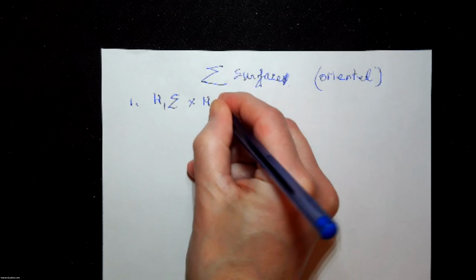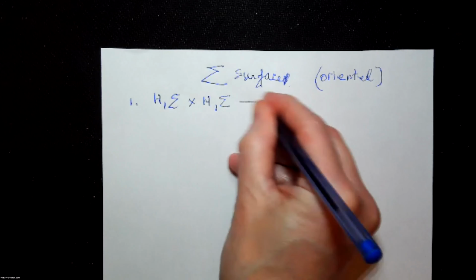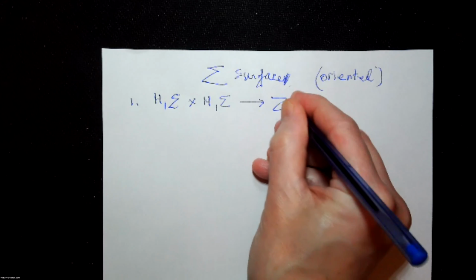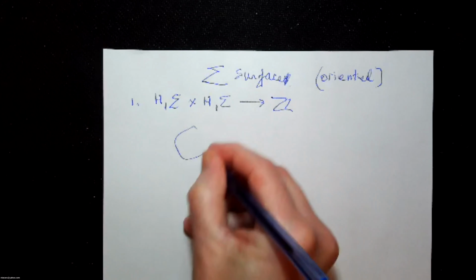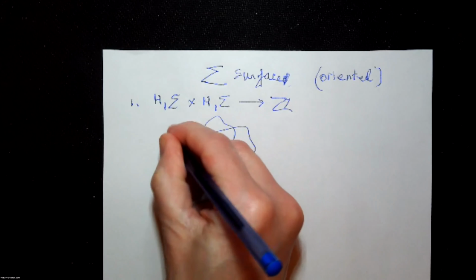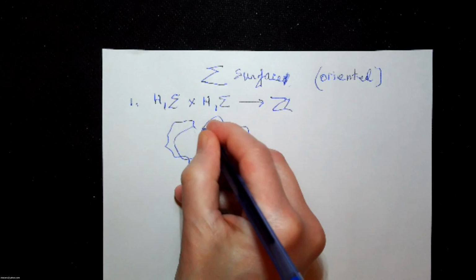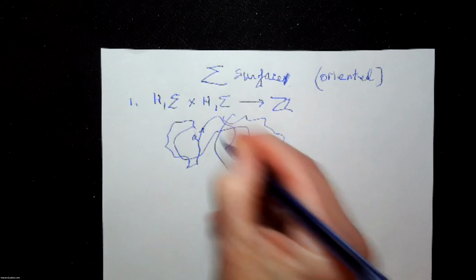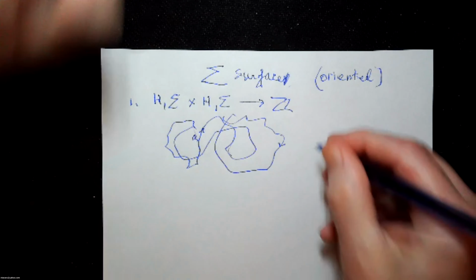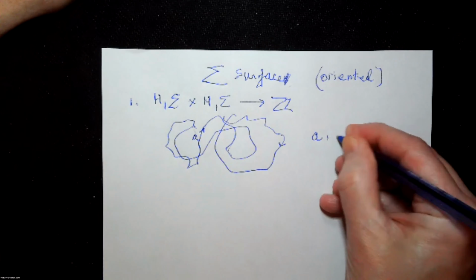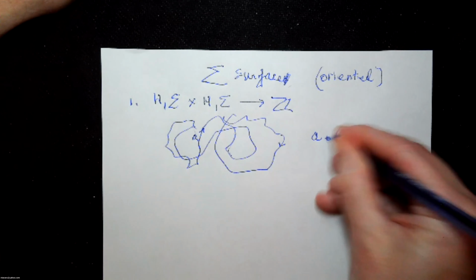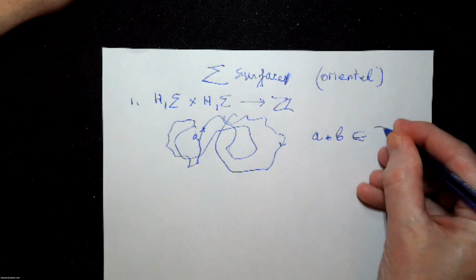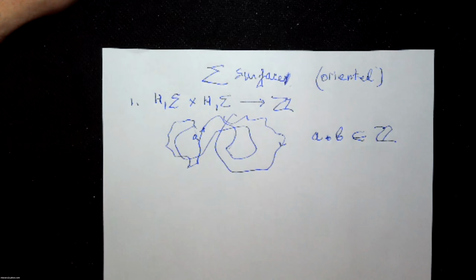If you have two loops on the surface, say directed loops A and B, then you can compute the homological intersection number A times B, which is an integer. And this gives you a skew-symmetric bilinear form.